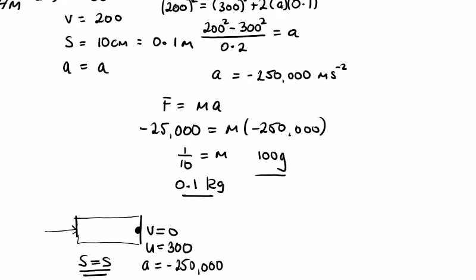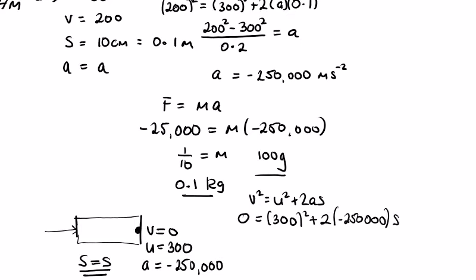So VUAS, I'm going to again use v squared is equal to u squared plus 2as. We want it to stop. So it's the initial velocity squared plus twice minus 250 by s.